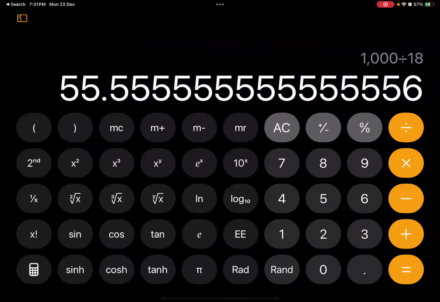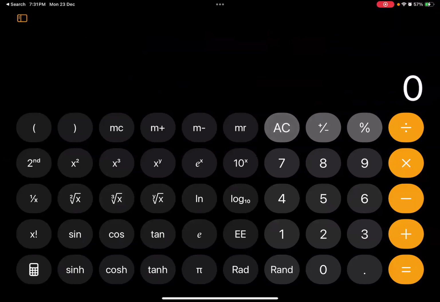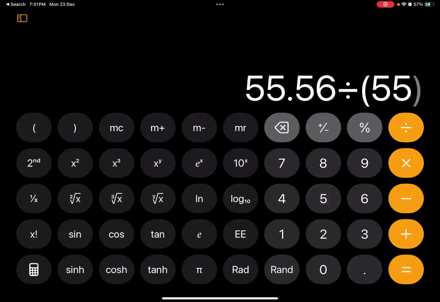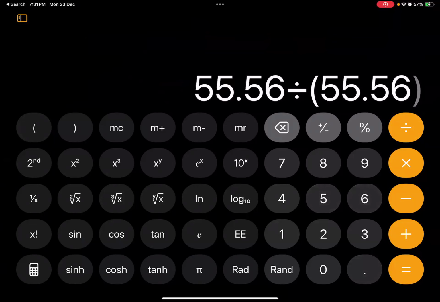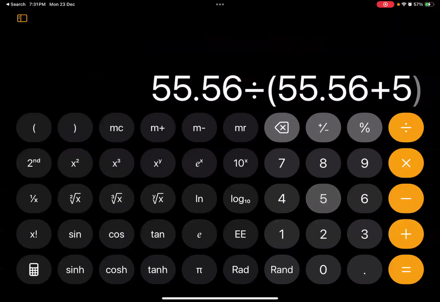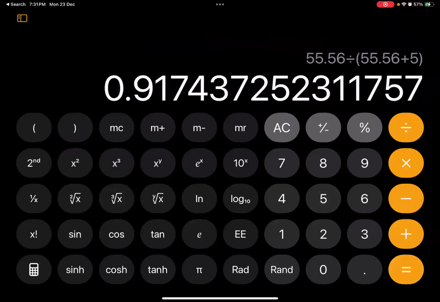So what you do is, 55.56 you divide by 55.56 plus, you have to add the number of moles of solute also, which is 5 moles. How much are you getting? 0.917.